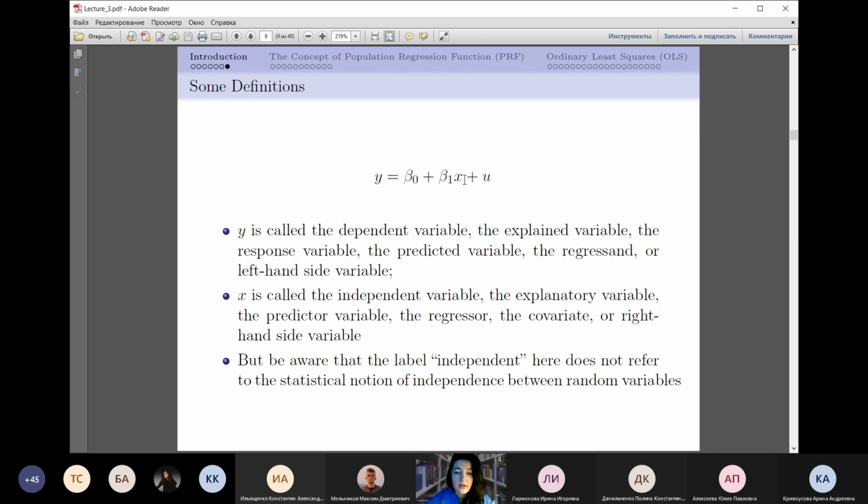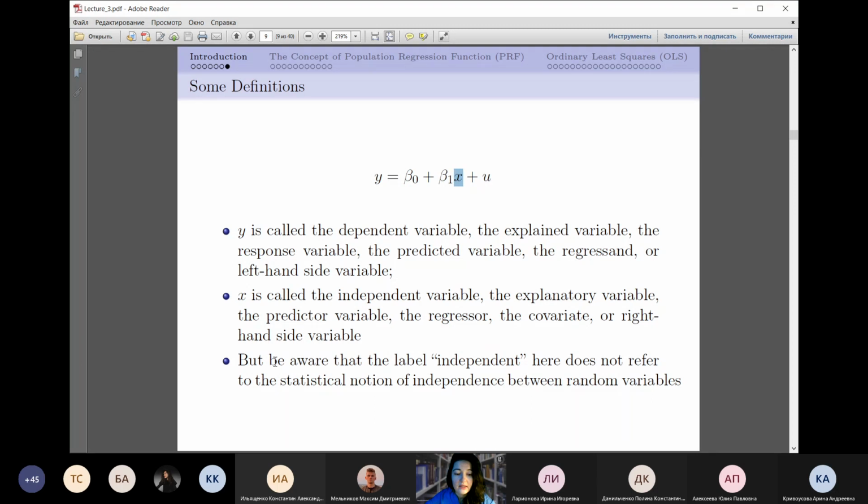And the X variable we usually call the independent variable or explanatory variable, or sometimes predictor or regressor, covariate, right-hand side variable, but usually we will use dependent, independent, or explained and explanatory in most situations.